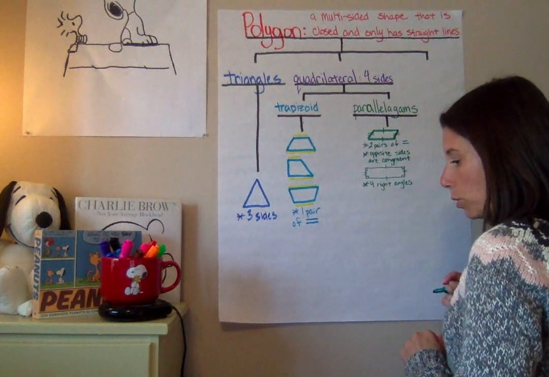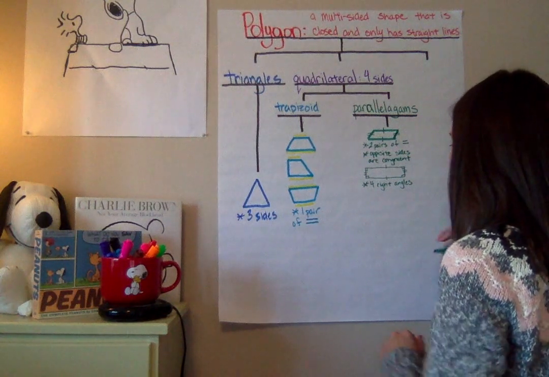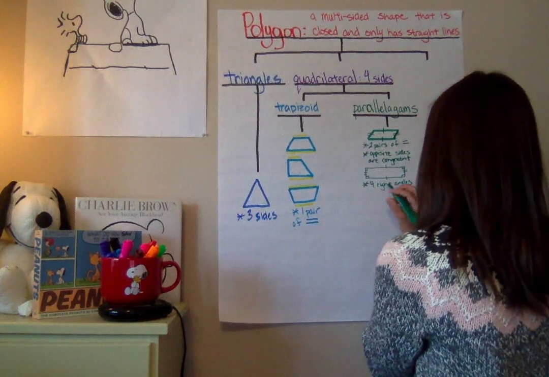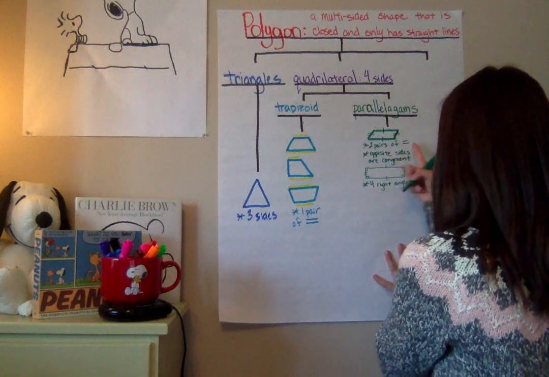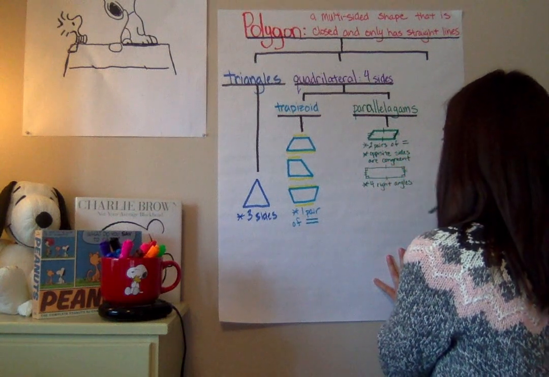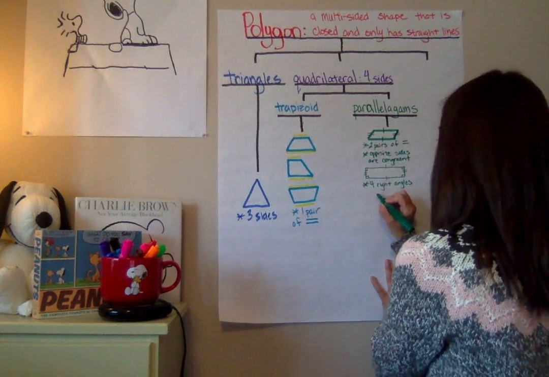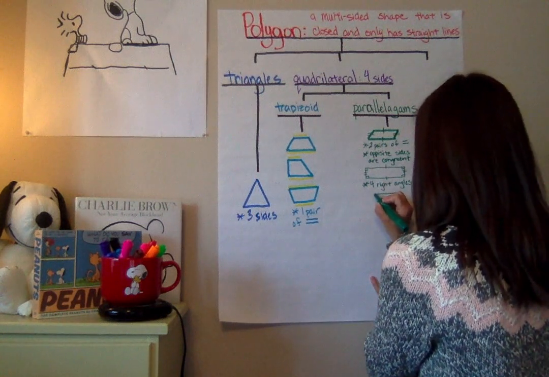Okay, let's go to the rhombus. Okay, now the rhombus is going to have 2 pairs of parallel lines, and the opposite sides are congruent. It does not have 4 right angles.